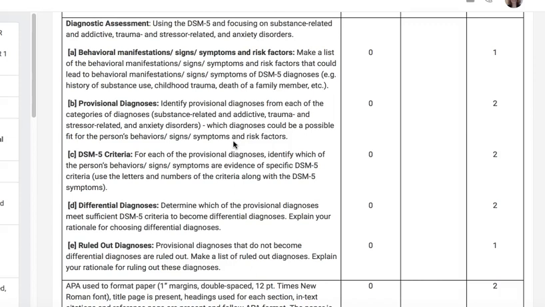But then maybe PTSD would be an option, or acute stress disorder might be. So you're just going to say what you think are the possibilities based on these behavioral manifestations, signs, and symptoms. What might be possible? You're not actually, you're just looking at the diagnoses. You're saying, I'm leaning in this direction, and I'm making a list of diagnoses which I think could be possibilities.